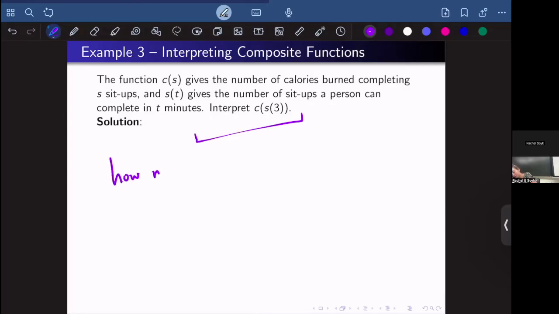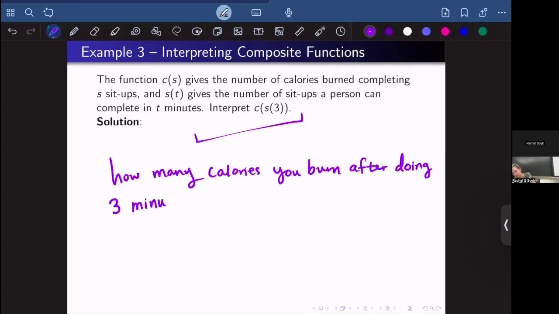How many calories you burn after doing 3 minutes worth of sit-ups?